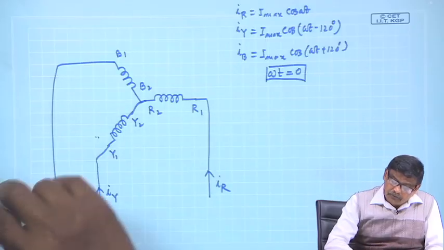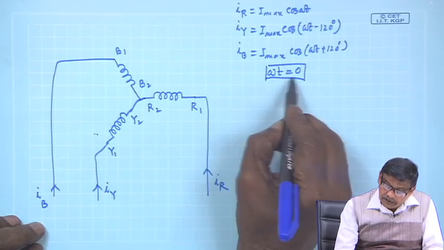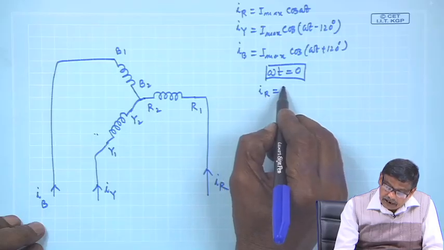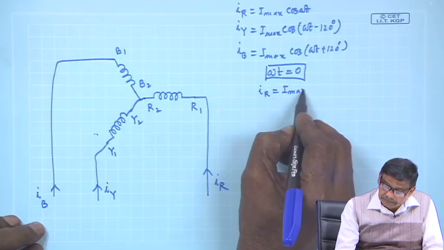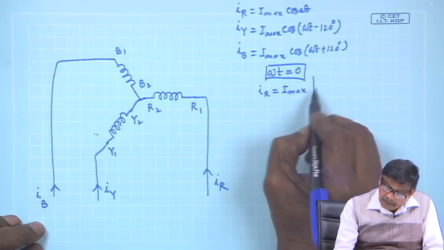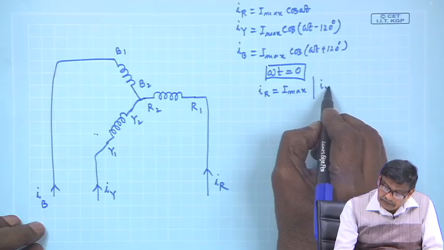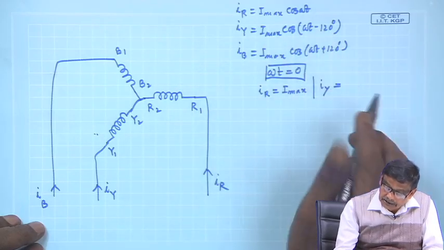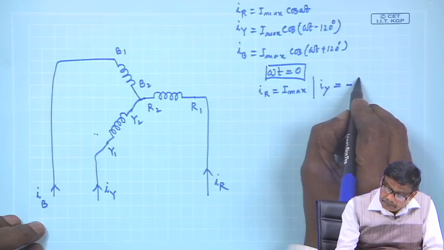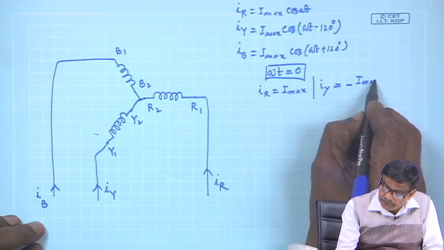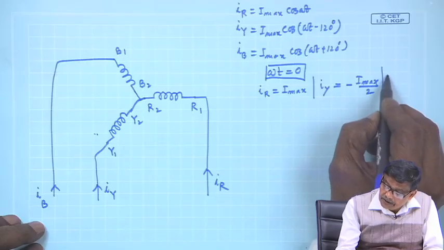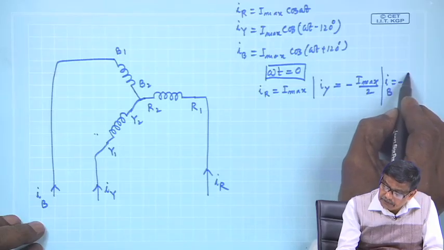So, if omega t equal to 0, under this condition I r is equal to I max, I y will be I max cosine minus 120 degree, and that will be minus I max by 2, and I b also minus I max by 2.